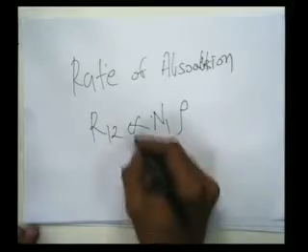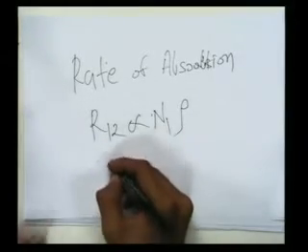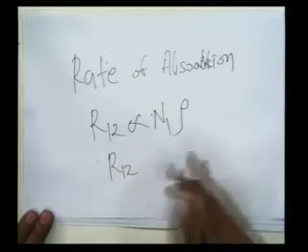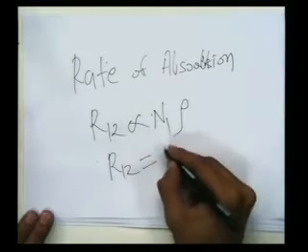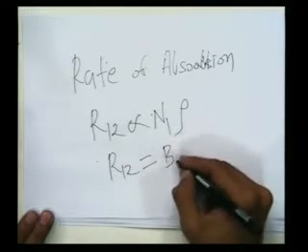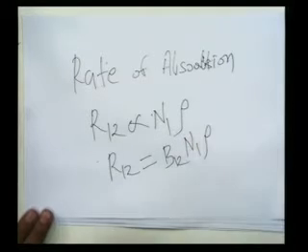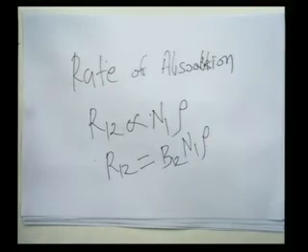Now if you remove the proportionality, R12, the rate of absorption, is equal to B12 N1 rho, where B12 is a proportionality constant. Rate is basically the number of electrons going from the ground state to the excited state in unit time.